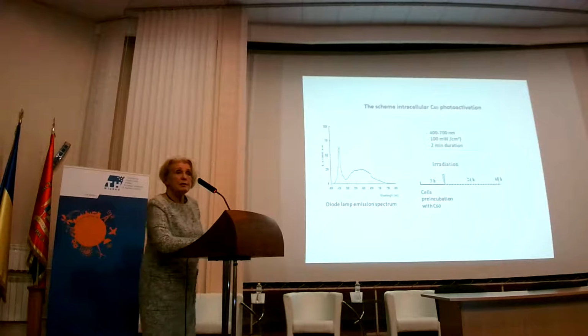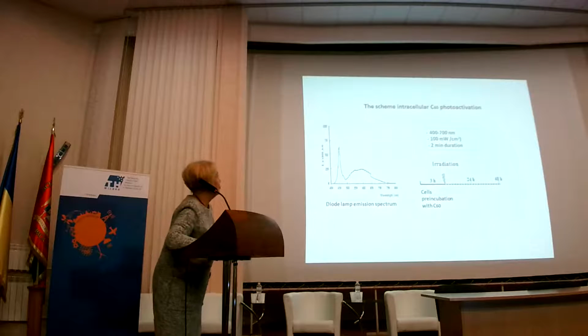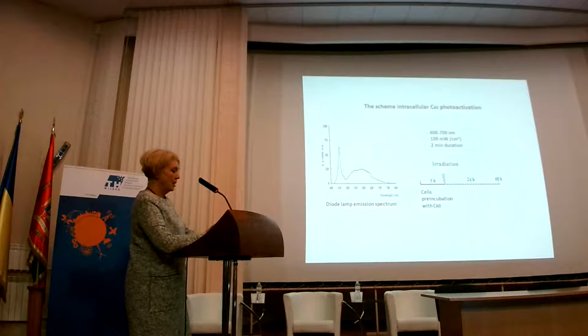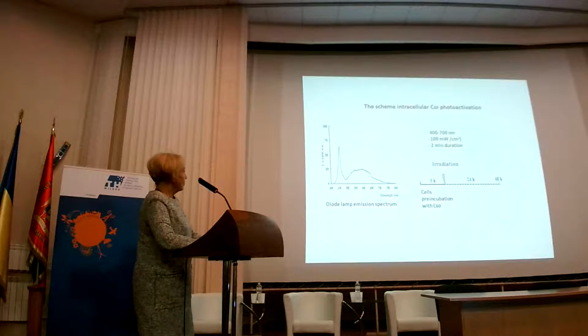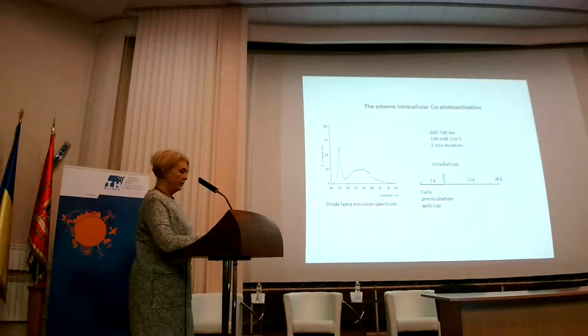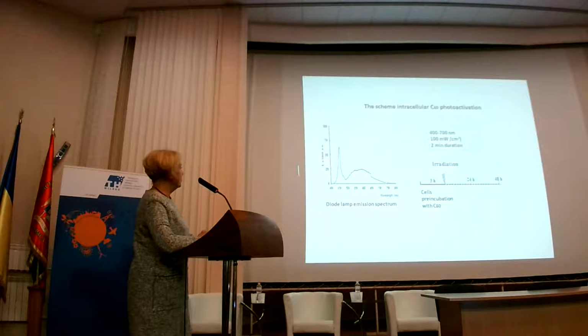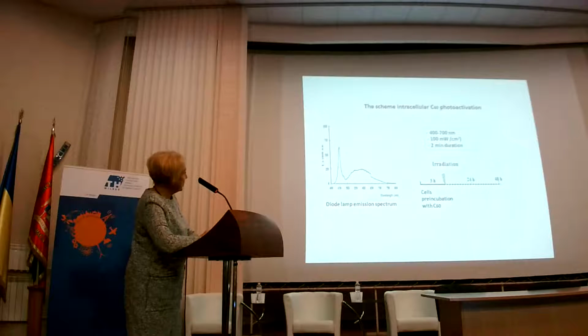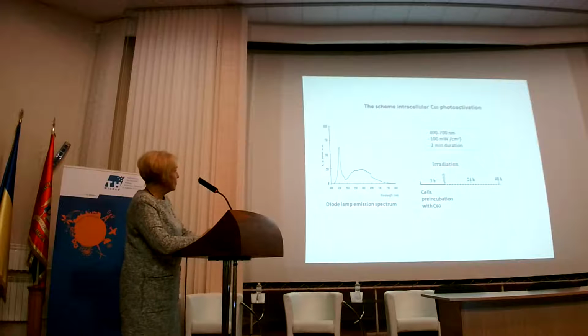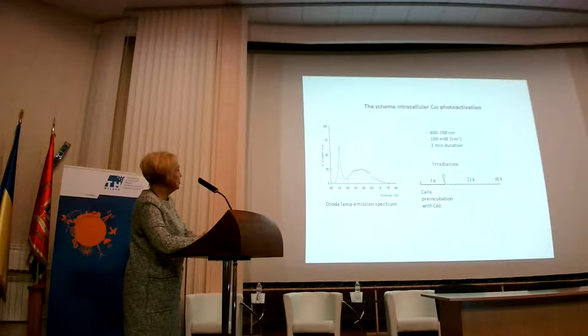What were the conditions of intracellular C60 photoexcitation? Taking into account the absorption spectrum of fullerene, we use the diode. The emission spectrum was in the visible range, from 400 to 600 nanometers, with 2-minute duration.